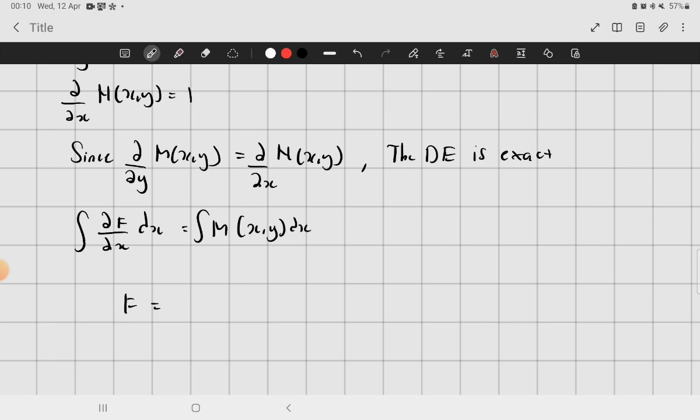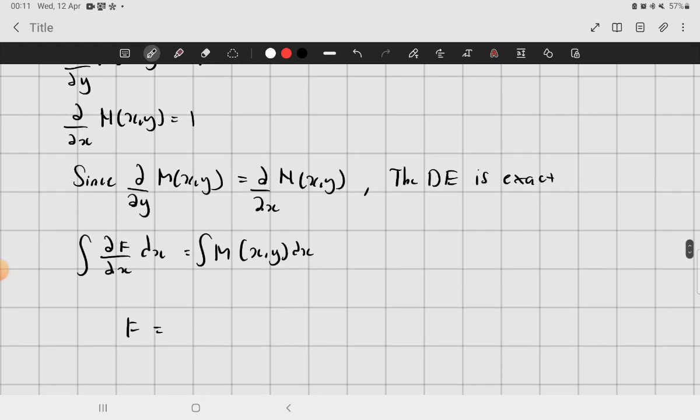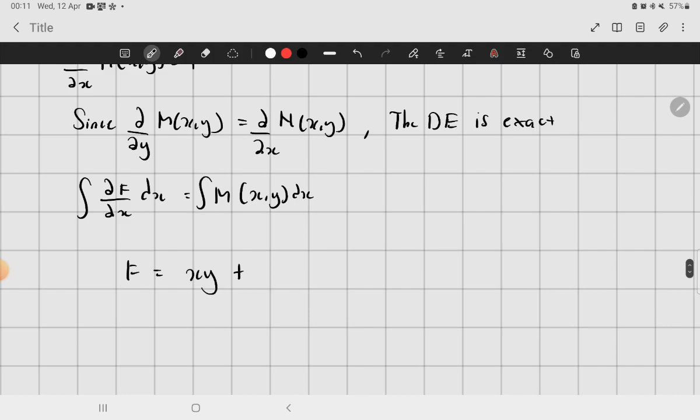In this situation, we will treat y as a constant. So for the function M, y is constant. Therefore you just integrate with respect to x, and since y is constant, you get xy. Then you add a function, which is a constant function in a way.